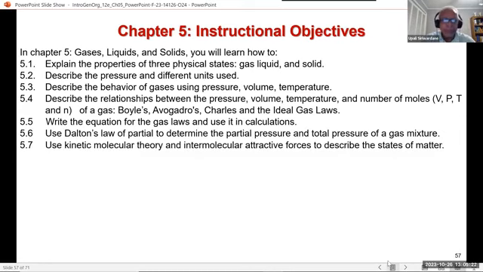Then we went on to describe intermolecular attractive forces and compare that to the kinetic energy of particles making up the matter. Kinetic energy is a disruptive force, intermolecular force is a cohesive force.